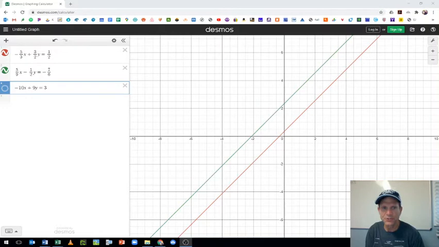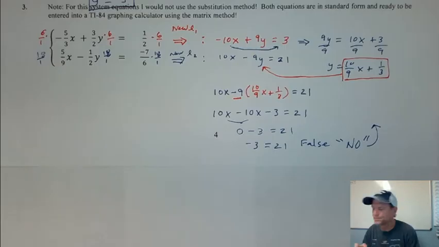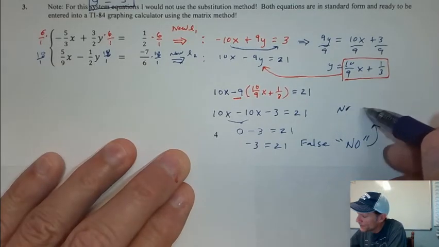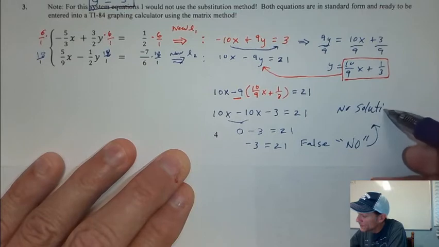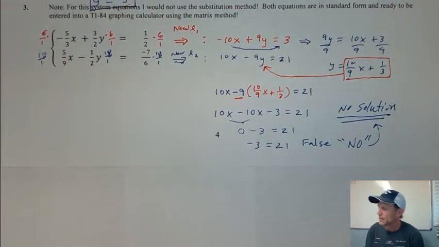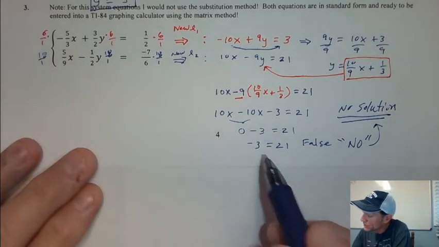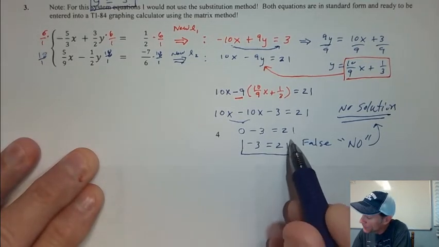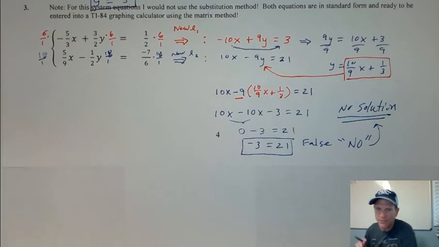Here are the two original equations, and the lines are parallel, and what that means then is no solution. Parallel lines, okay? So that's one of the strange cases when you end up with something weird at the end when you're solving by substitution and there's no variable left.